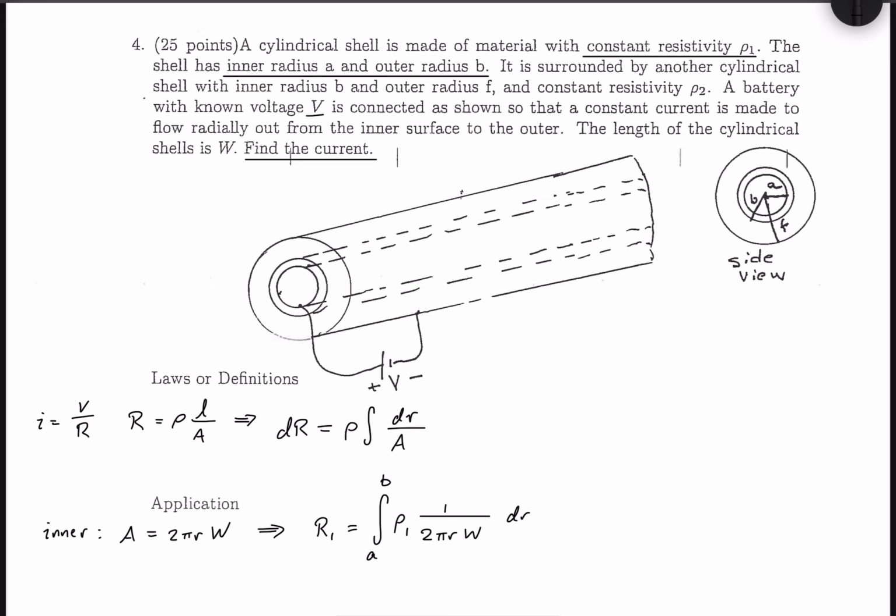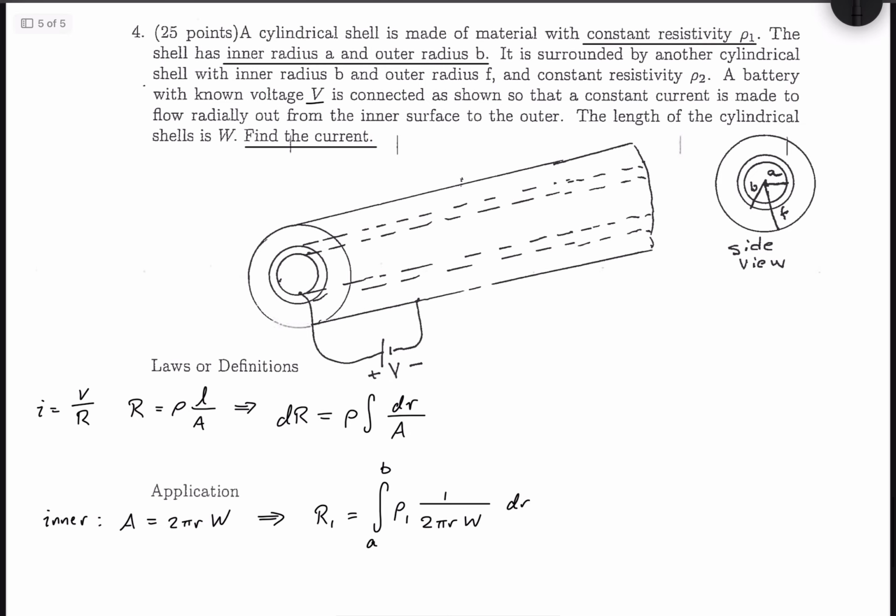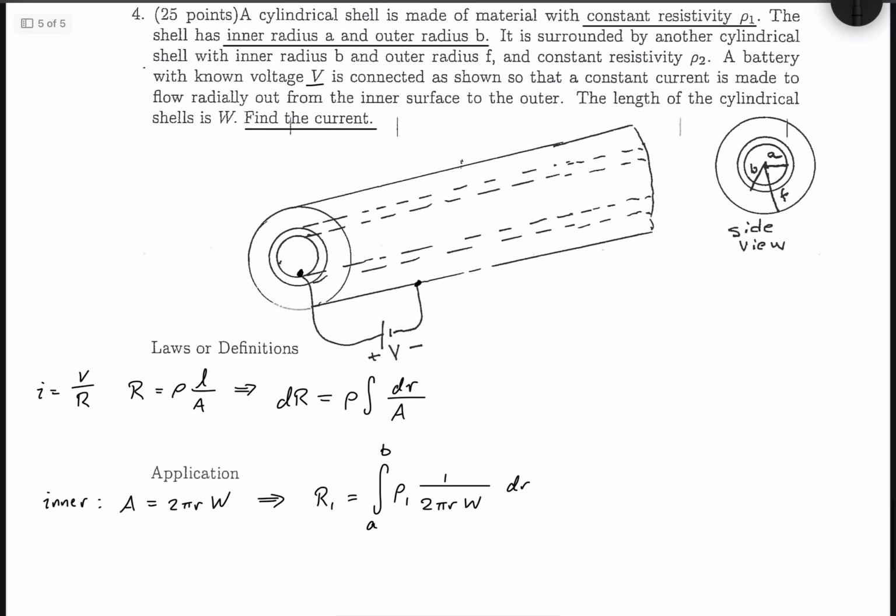Just remember, resistance is an intrinsic value of an object, and you want to integrate over that entire object's length or radius. And since we have voltage going from the inside to the outside of the object, we want to integrate radially, or with respect to radius, because we want to grow out from the center with different cylinders.